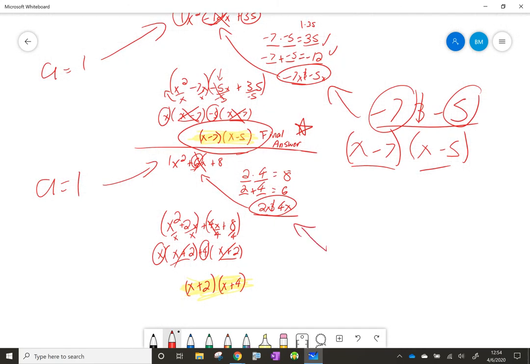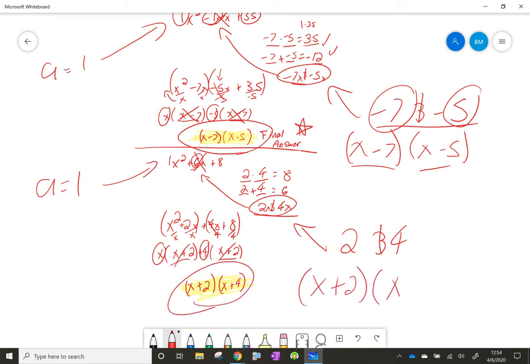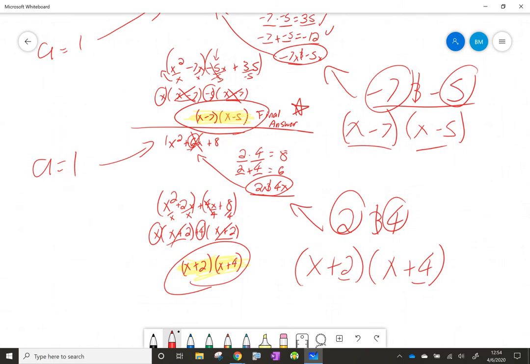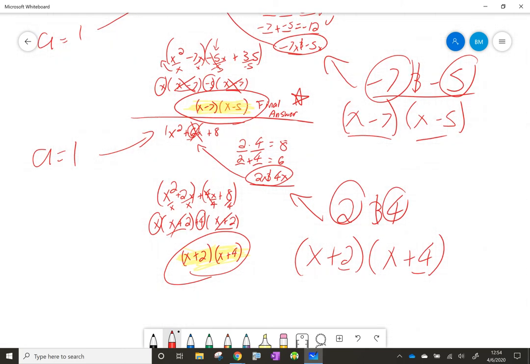And in the second problem we did, our two numbers were 2 and 4. Again, an interesting coincidence because our answer came out x plus 2 and x plus 4. So the 2 and the 4 were repeated in our answer. It's not simply just 2 and 4, it is x plus 2 and x plus 4, but still, it's not a coincidence that those two numbers happen to be repeated there.